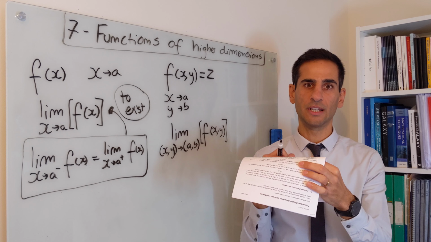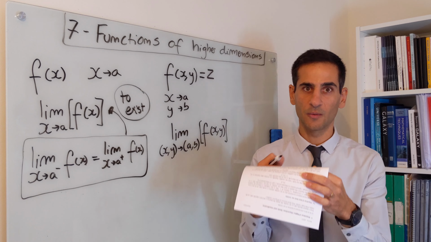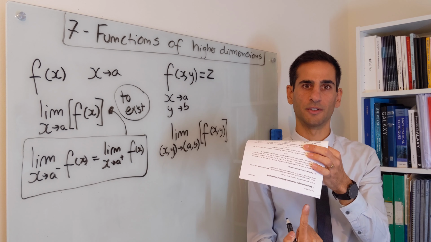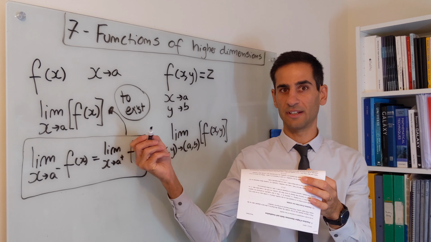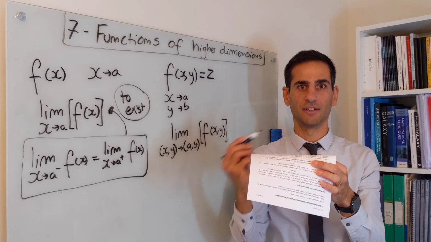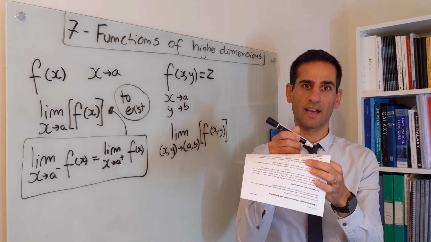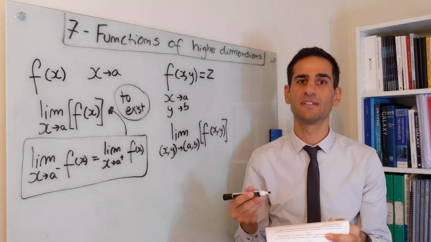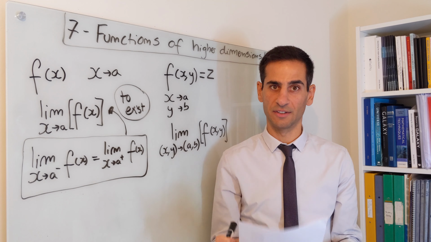In principle, you could try to calculate the limit when x and y coordinates tend to, for example, this point. To show that the limit exists, you'd have to calculate it from every single direction. There's essentially an infinite number of ways: curved paths, straight paths, inclined and non-inclined, which means it is incredibly difficult to prove that a limit exists.